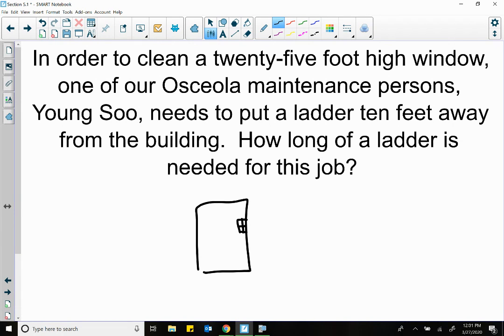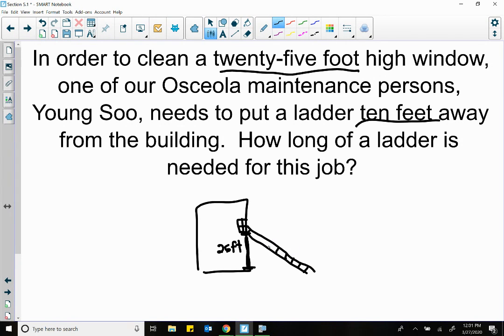This window, we know, is 25 feet off the ground. It told us that in the problem. 25 feet. Okay? It says that Young Sue puts a ladder 10 feet away. All right? So I'm going to draw in my ladder. Here's my ladder.